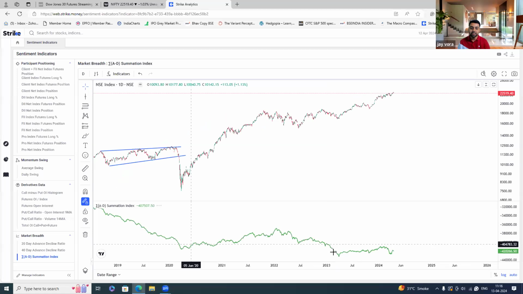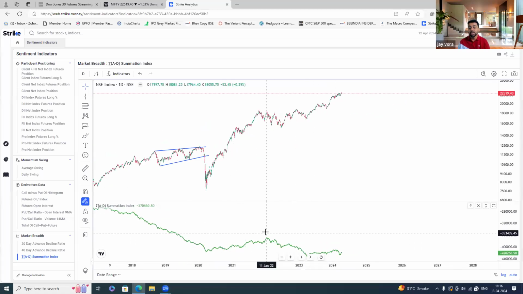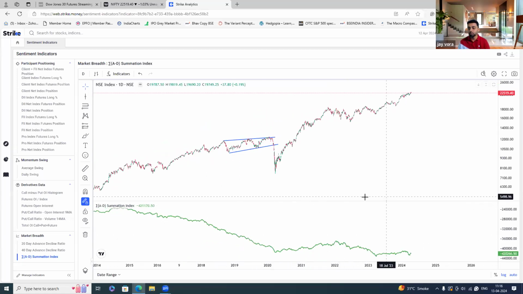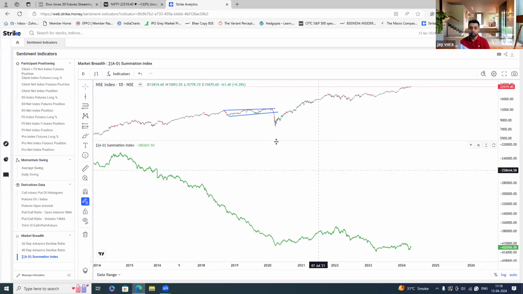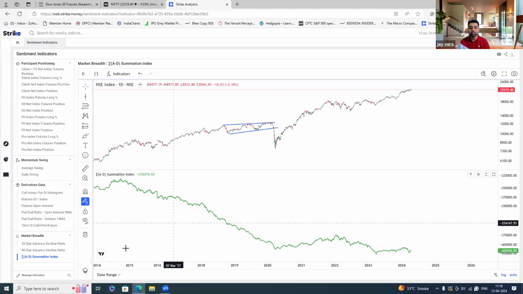Now this AD summation actually works very well from a long-term perspective, but you need to understand the perspective. What we are doing is advances minus declines. Say there are 100 advances and 200 declines, so the figure is minus 100. We add that to the previous day's value.